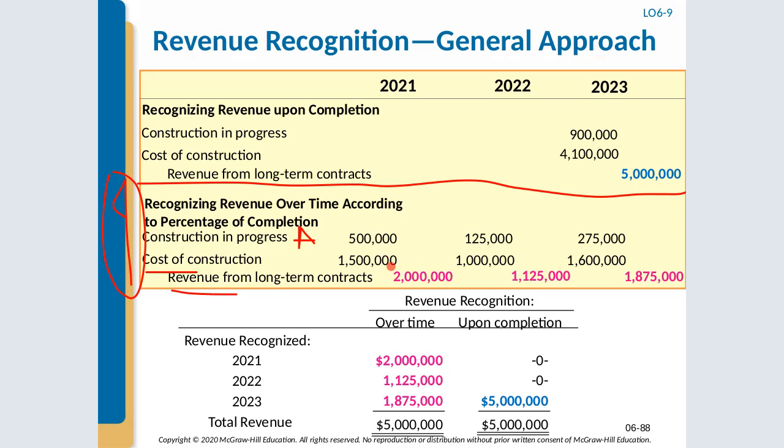Gross profit is revenues minus cost of goods equals gross profit. The same thing here: we have our revenue, we have our cost of construction, and that equals our gross profit. But we're debiting our gross profit to construction in progress. I'm just going to put GP here, that means gross profit. And we do that every year.